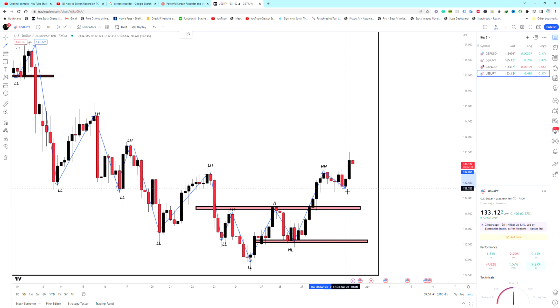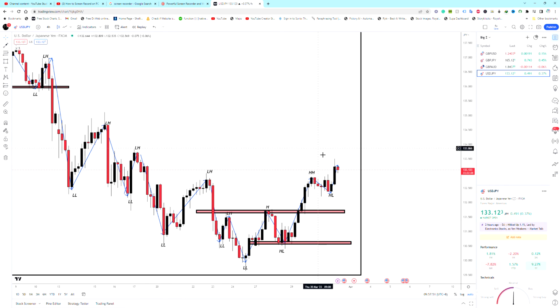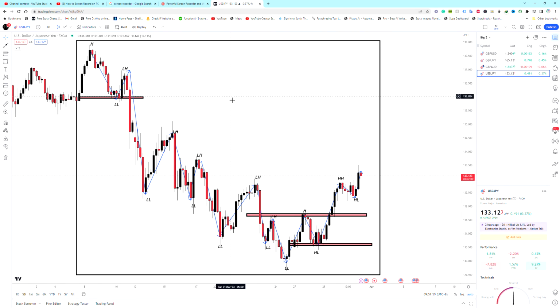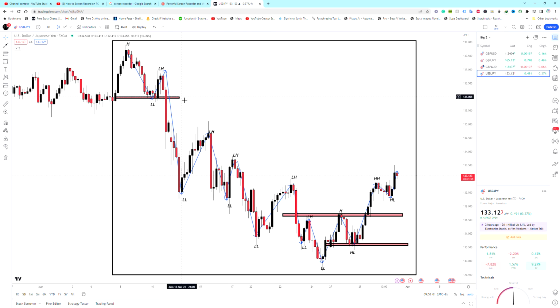Now it's going to continue as a bullish market, boom, and then we see a push right here, and from there it's just going to continue up until it finds a point of resistance. It could either break or maybe consolidate, but in simple form, this is really what you want to look for when you're looking for market structure.